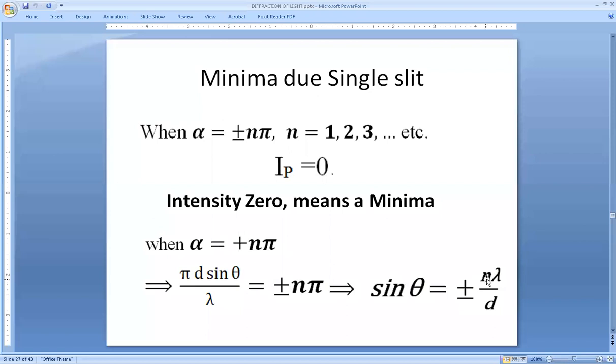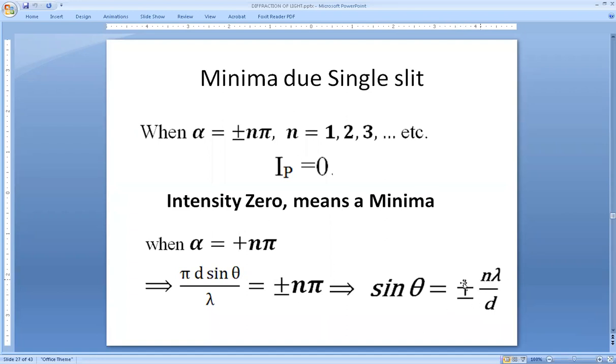When you put n equal to 1, it is going to give you the first minima. When you put n equal to 2, you get the second, n equal to 3, the third, and so on. So this condition is going to describe the minimas.